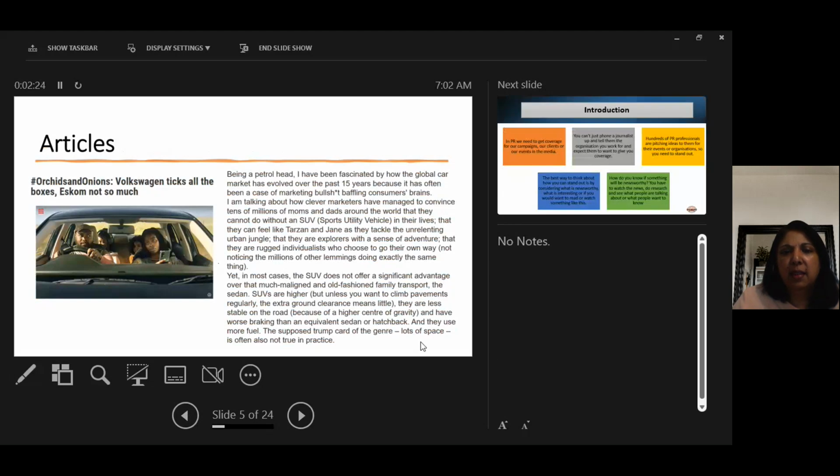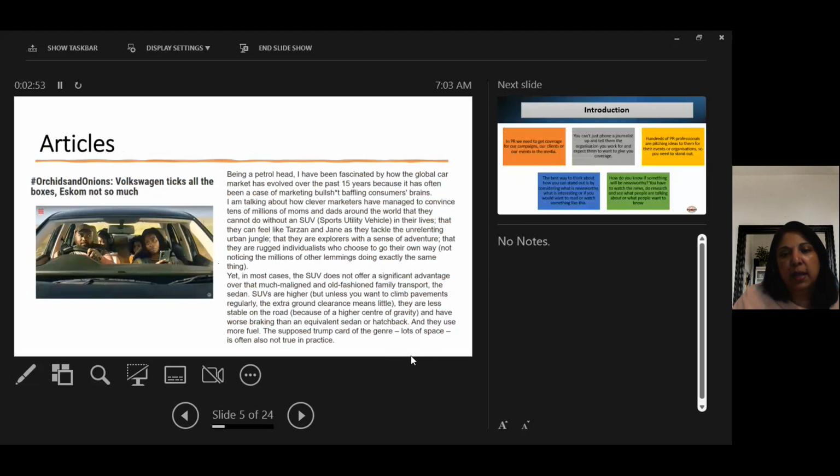So what those vehicle adverts with the SUVs do is make you feel like you are adventurous when you're watching it. If you get this vehicle, you will be adventurous, all of that. Yet in most cases, the SUV does not offer a significant advantage over that much maligned and old-fashioned family transport, the sedan. So they're making a comparison between SUVs and sedans.